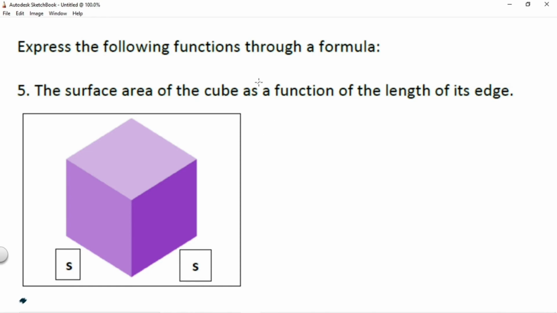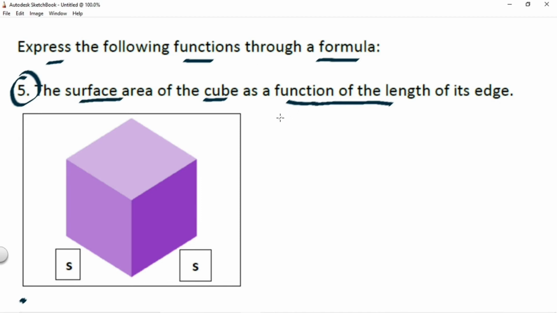For items 5 to 7, we must express the following functions through a formula. Let us start with problem number 5. The surface area of the cube as a function of the length of its edge. To solve this problem, we must place some representations first. Number 1, surface area.